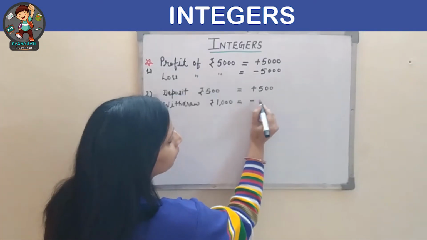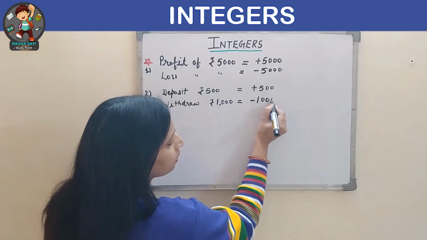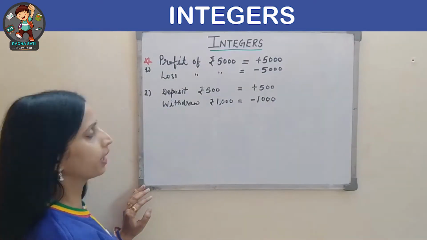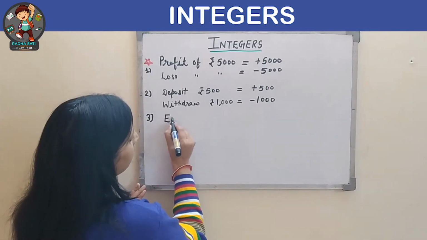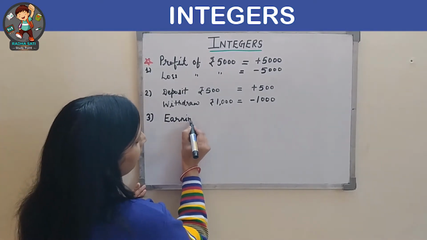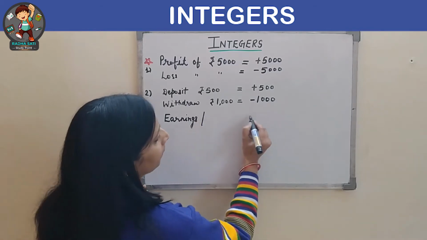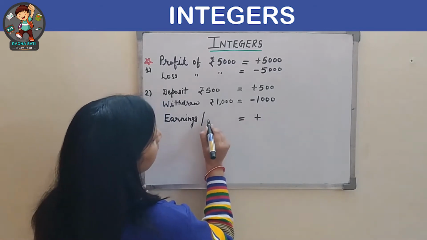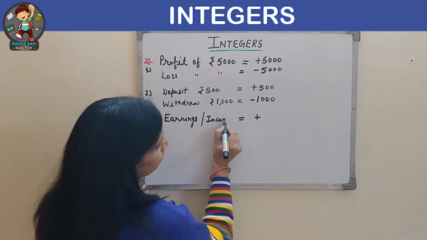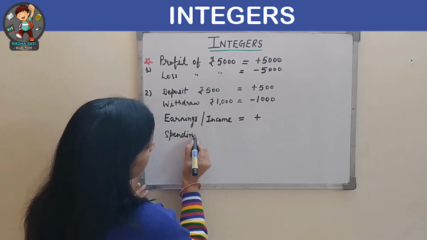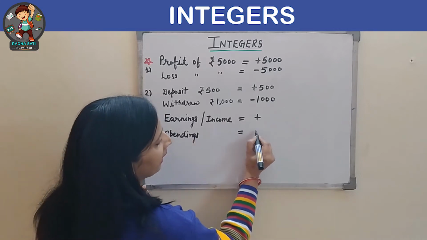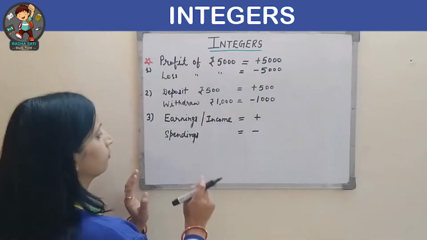So that's why we will use the minus sign, so minus 1000. Similarly, our earnings and income will be represented by using the plus sign, and our expenditure or our spendings will be represented by using the negative sign.